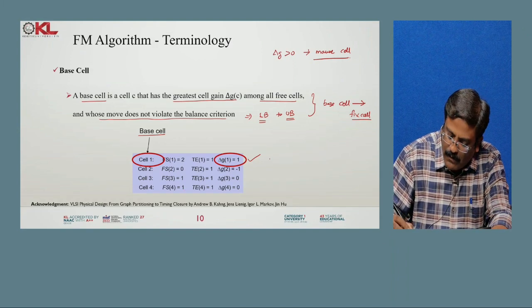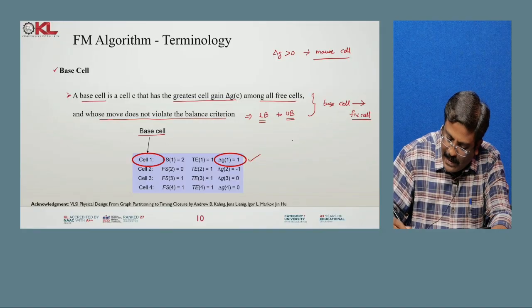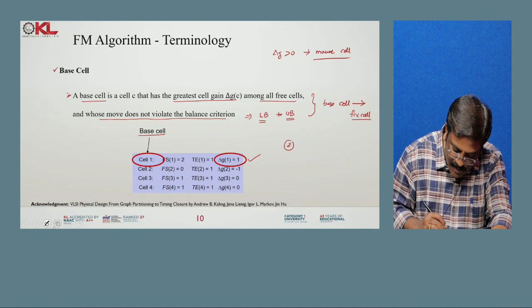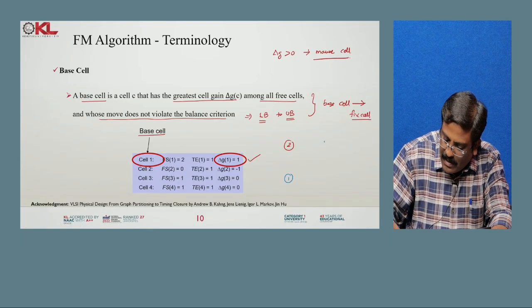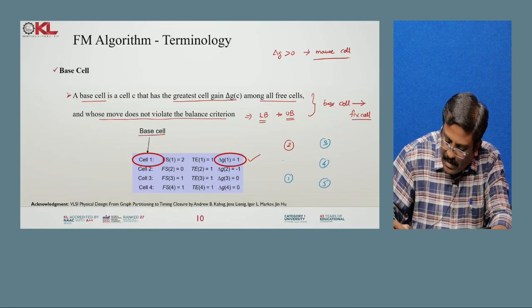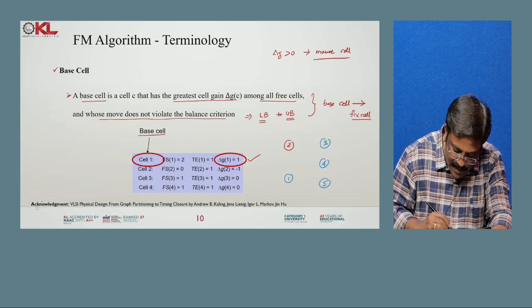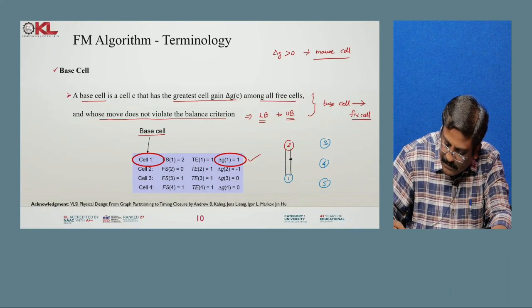That means your cell 1 is getting moved out. Accordingly, how can we draw the diagram? We can draw the diagram like this: this is 1, this is 2, this is 3, this is 4, and this is 5. And here we plot your edges in different colors like this, according to your example discussion graph.